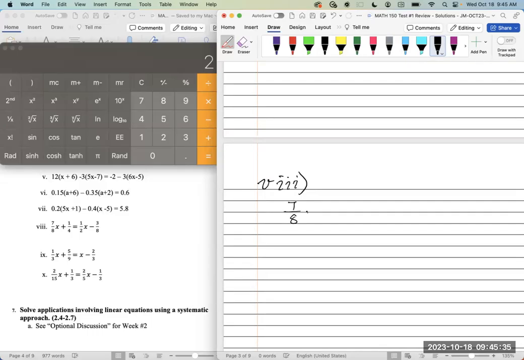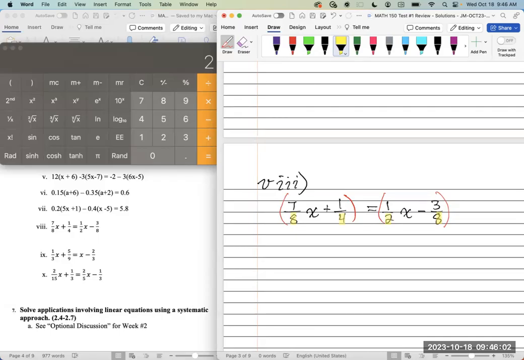Seven eighths x plus 1/4 is the same thing as 1/2 x minus 3/8. You can clear the fractions, pick any number you want, such that when you multiply both sides of the equation, your fractions are eliminated.